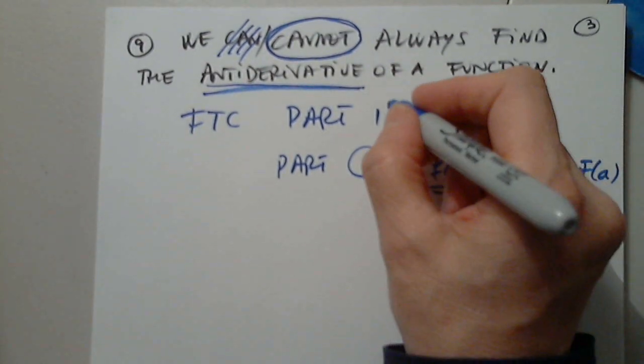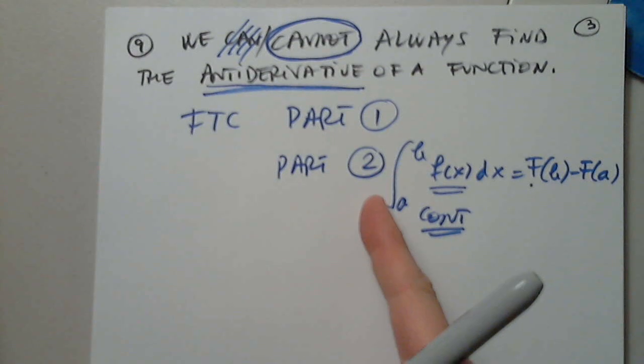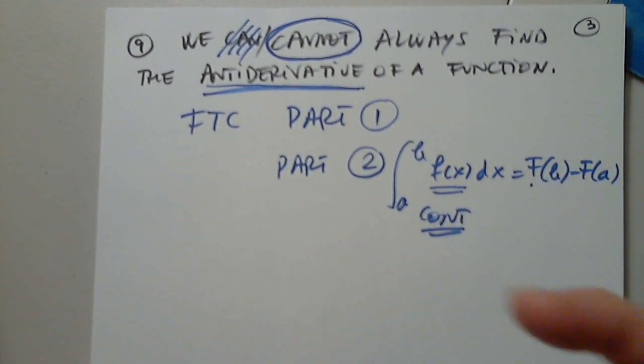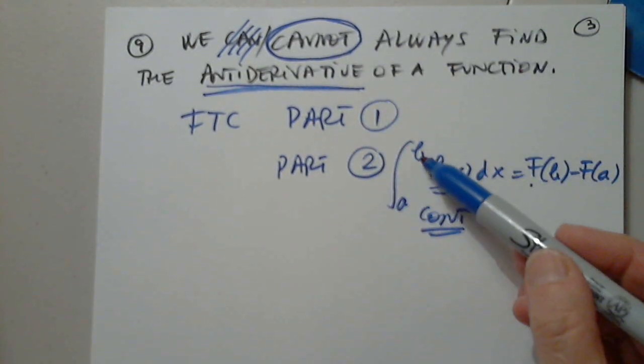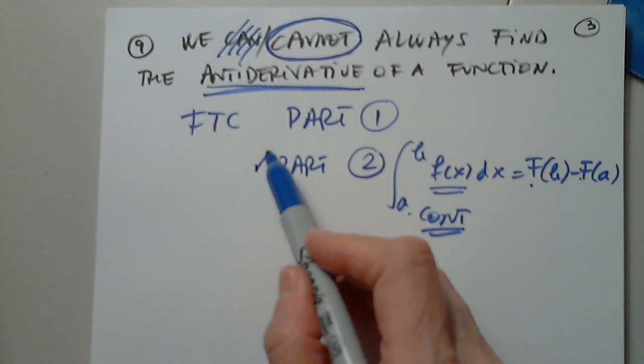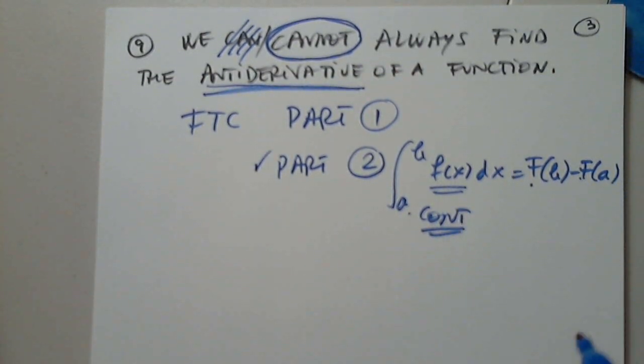Part 2 was teaching us how to evaluate a definite integral: find the antiderivative, plug in b, and subtract what you get when you plug in a.